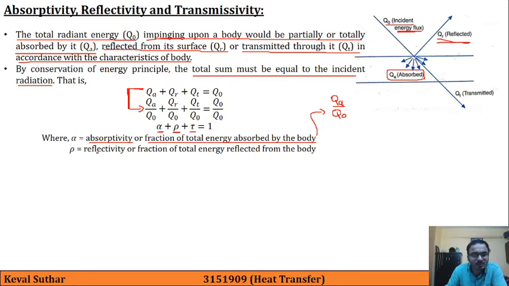Second is rho, that is reflectivity or fraction of total energy reflected from the body, that is QR upon Q0.